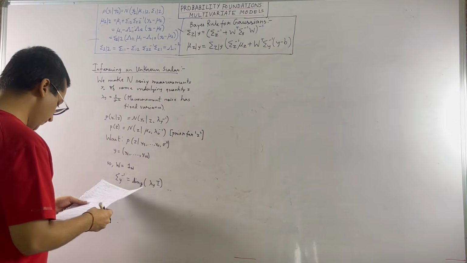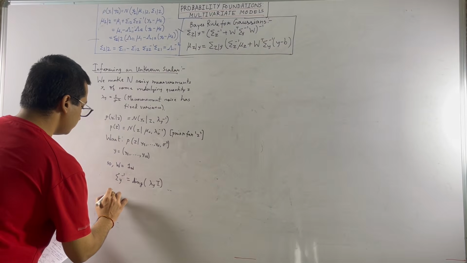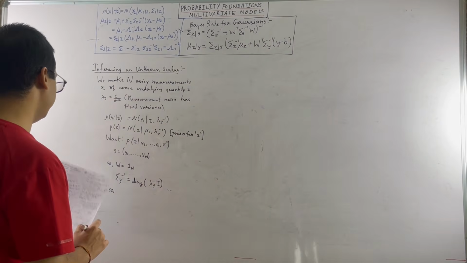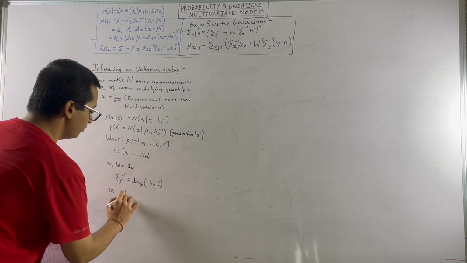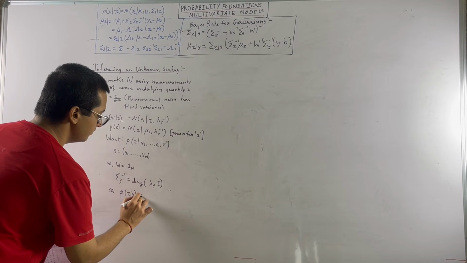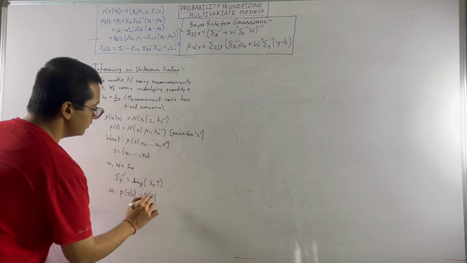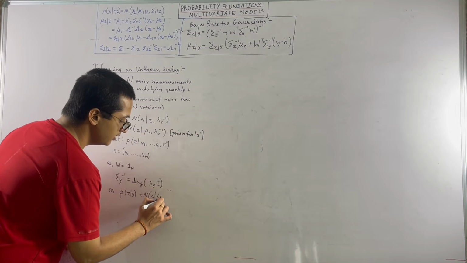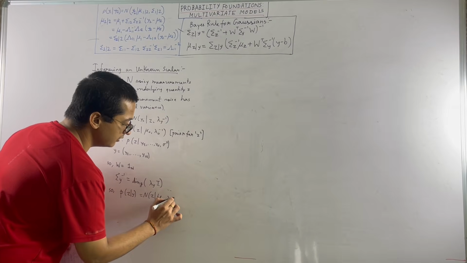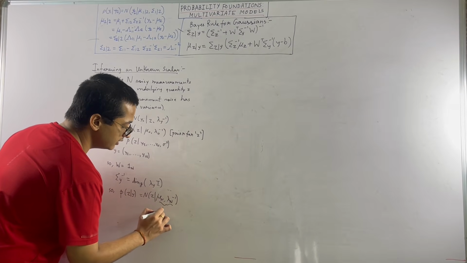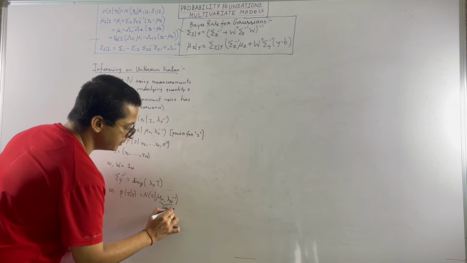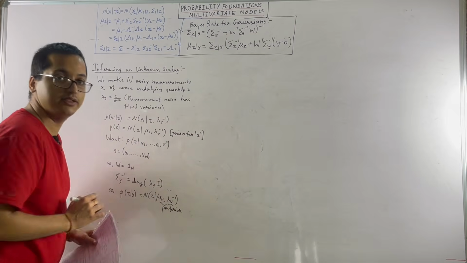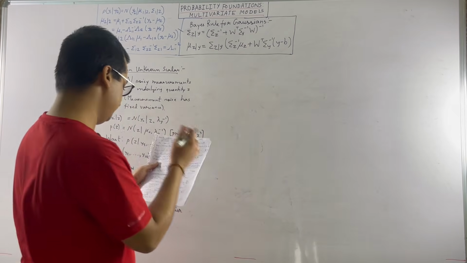So what is p of z given y? Then we want to estimate this quantity, which is sampled from some normal distribution whose mean is, let's say, mu n, and precision is lambda n, and this is the posterior that we want to estimate. So how do we do that?